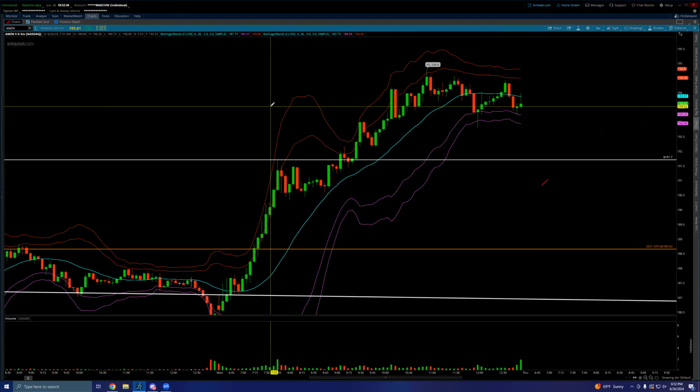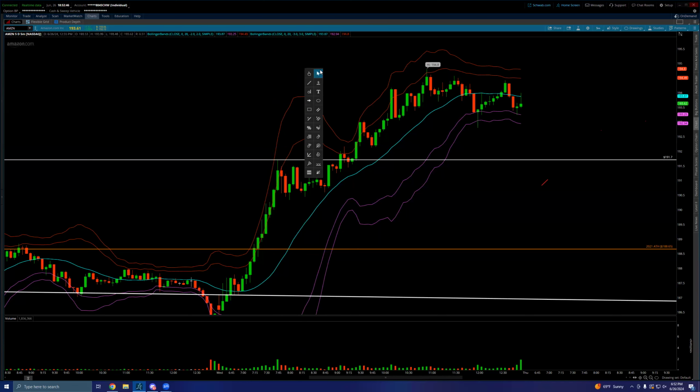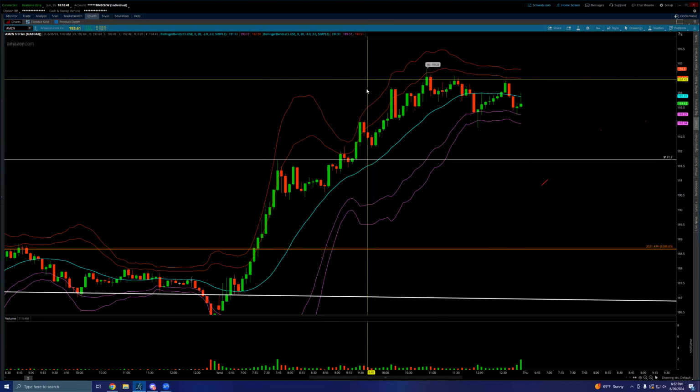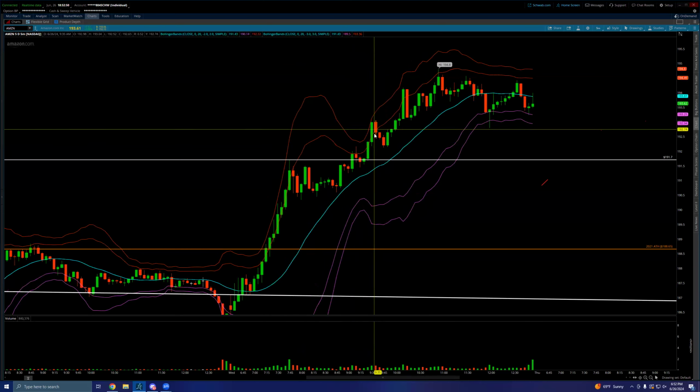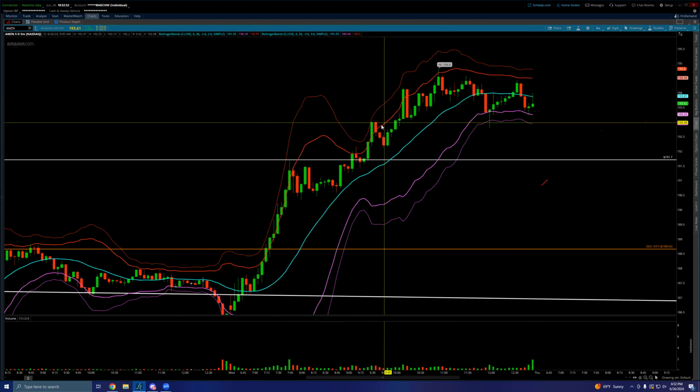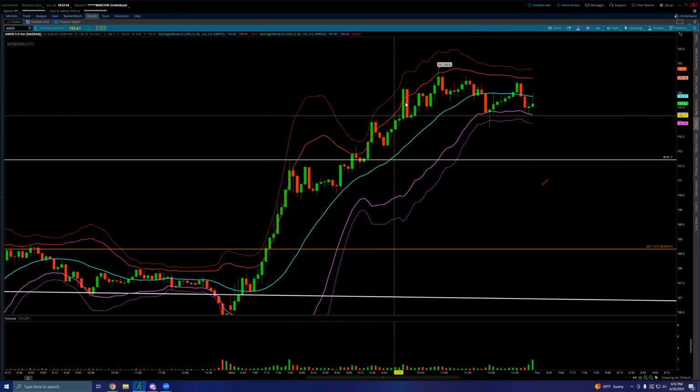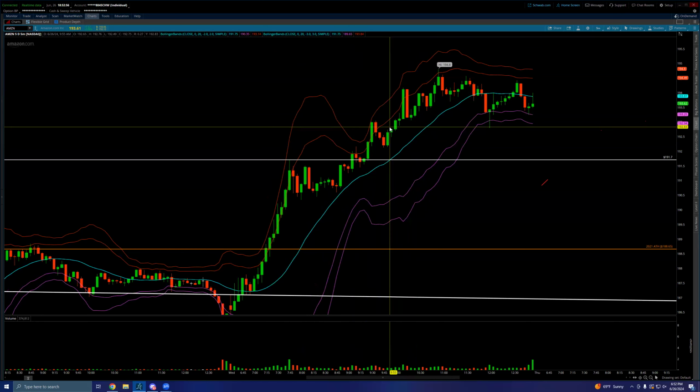There's two ways to play the bands, right? Generally speaking, one thing to note is that the Bollinger Bands are based on probability. Mathematically, they're based on statistics. So that's one thing to be mindful of, but also a hold above these Bollinger Bands can actually indicate strength. So if we start to use this second band as support, that actually indicates strength. It's not necessarily a sign of weakness.